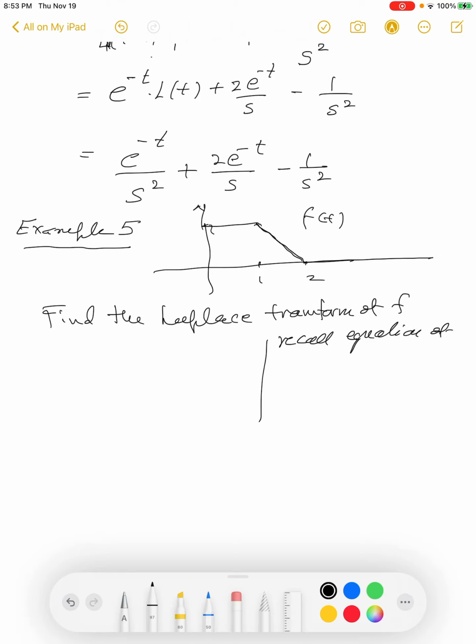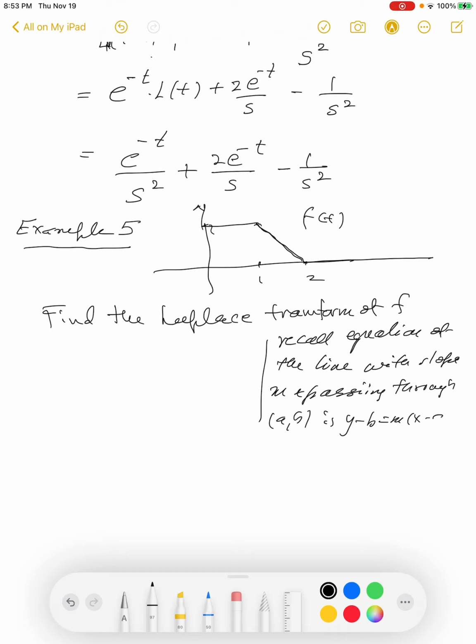The equation of the line, this is from your pre-calc, with slope m and passing through a comma b, is y minus b equal to m times x minus a. So I want to find first of all the equation.